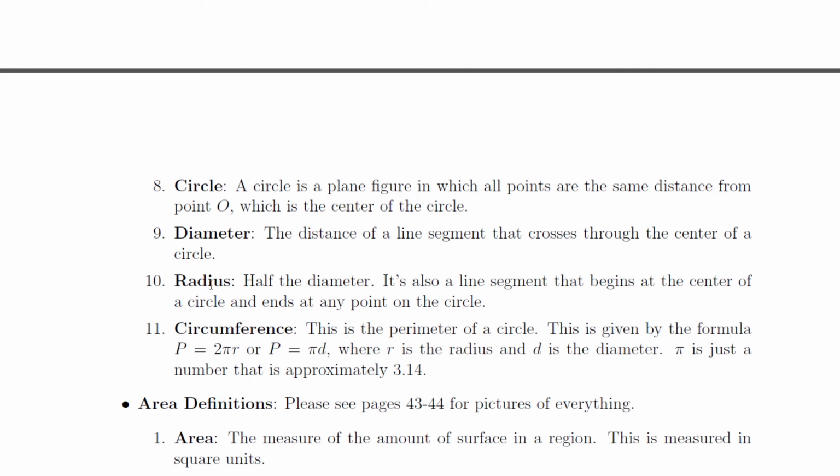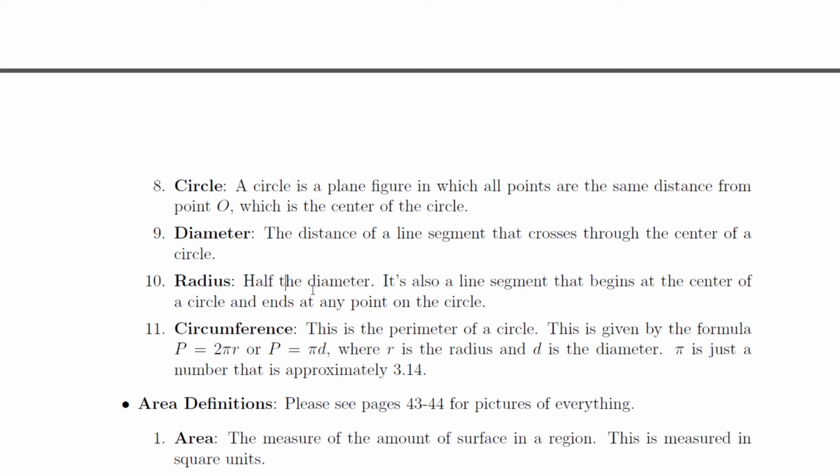The radius is only from the center to the edge. In the definition of circumference, we have one or the other, so you have to be aware when you're looking at the problem. Sometimes they might give you the diameter, sometimes the radius. You have to make sure you're using the right definition based upon whether they give you the radius or the diameter.